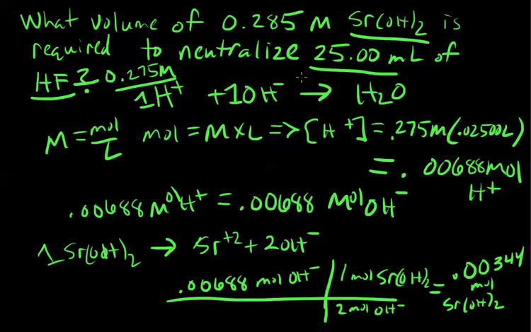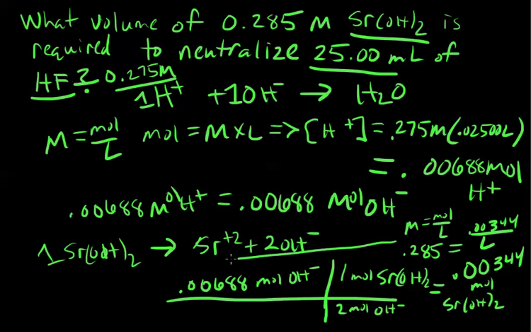So this is how many moles we have in 0.285 molar. So what's going to be the concentration? So molarity equals moles over liters. So the molarity we know is 0.285. The moles is 0.00344 over liters. So sorry, this is getting kind of crowded. I'm running out of space. So look, so liters equals, multiply both sides by L, right?